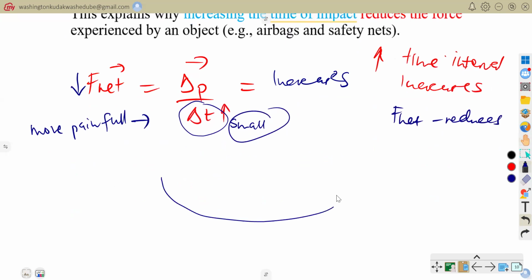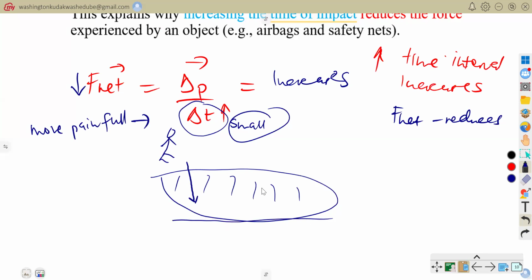Let me give an example of the foam rubber carpet. The high jumper jumping from a certain height would take a longer time to reach the ground, because the foam rubber carpet would absorb him, or contain him.